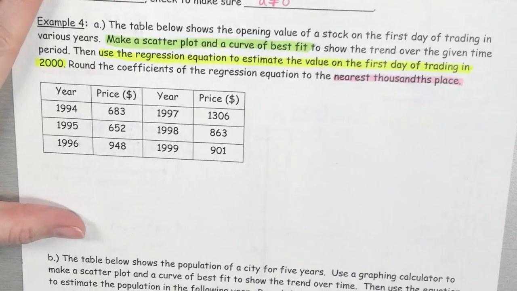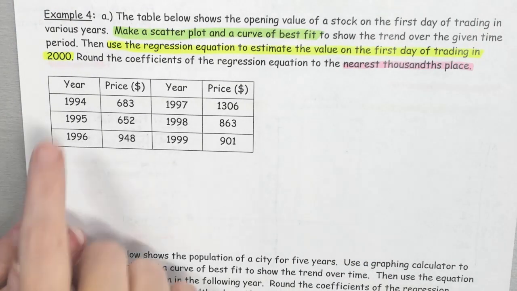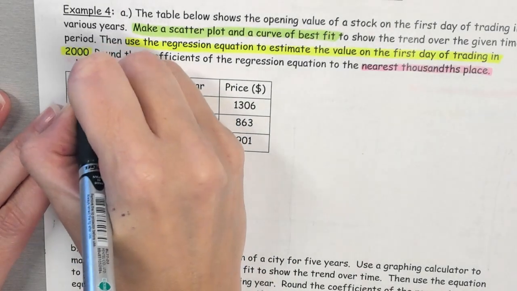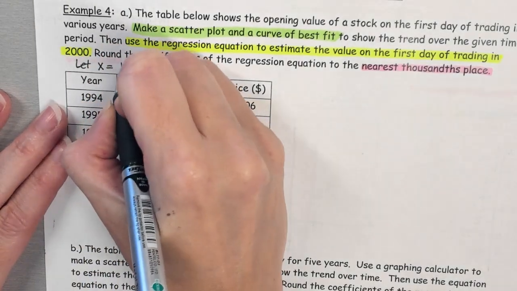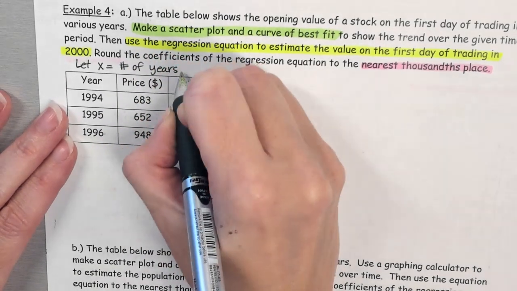Now, when you are entering data to find these equations, when they give you the years, it is best for you to let your x value equal the number of years since the starting value.